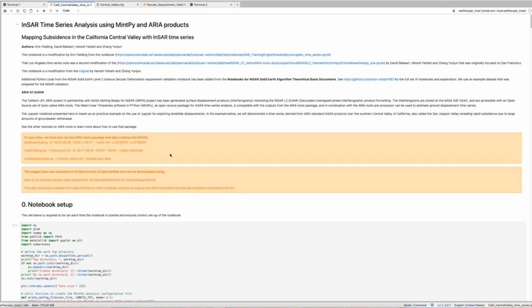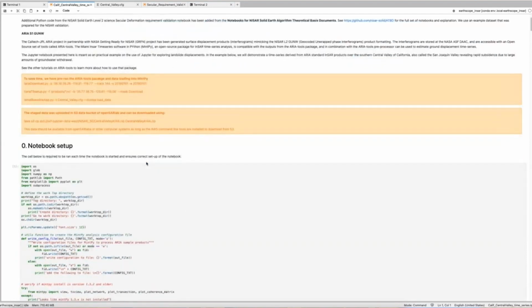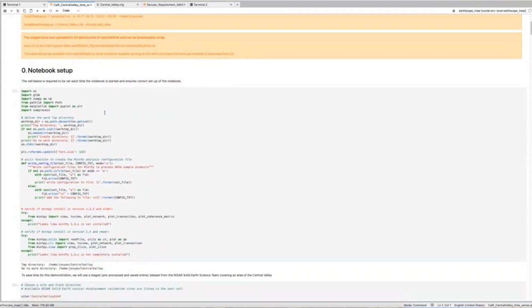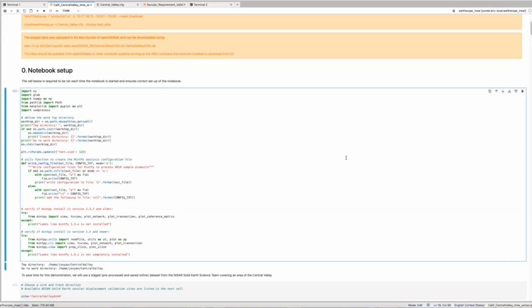To save time in this demonstration, we've downloaded the data and ran the ARIA tools processing. I put the steps in here, but we've taken the data already pre-processed and staged it into the Amazon web data set, in the Amazon Simple Storage System, the S3. So the data is already preloaded for that specific area.